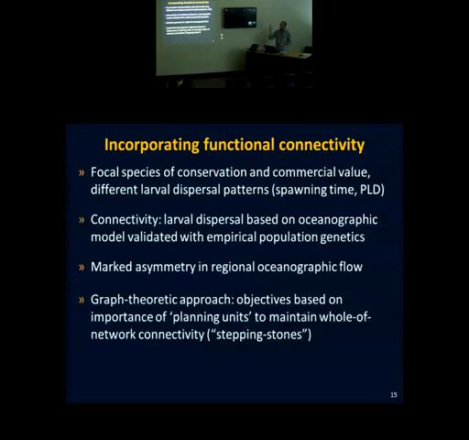What this means is, if I have a unit that has a high centrality, and it's very important to keep the full network connected, then it's acting as a stepping stone. So removing this marine reserve from the network will have a more important consequence than removing, for example, a more peripheral planning unit, and by peripheral I'm talking in terms of networks.